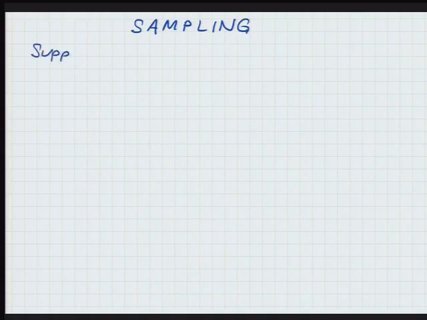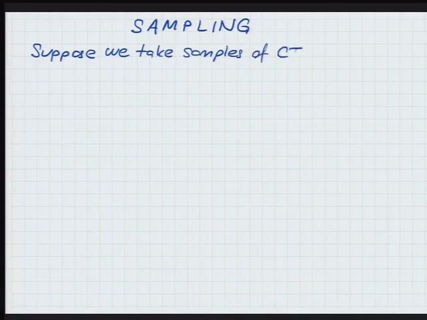So suppose we take samples of a continuous time signal. CT, by now you should know, means continuous time signal x, every T seconds or minutes, whatever your unit of time is. So every T units of time.